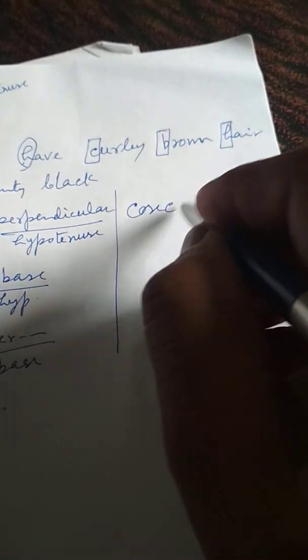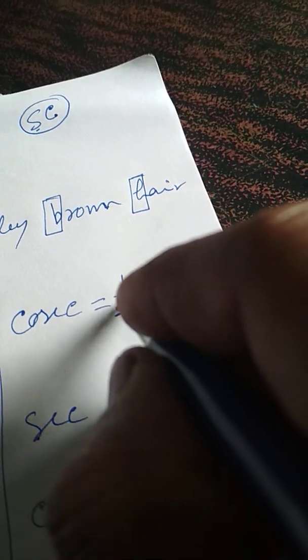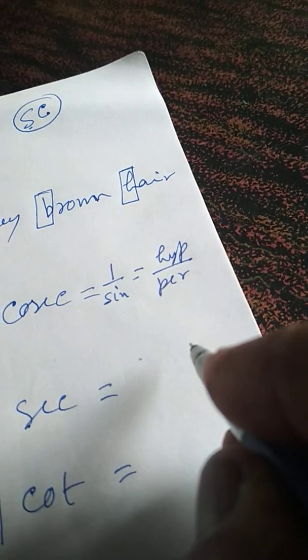Other three ratios are cosec, sec, cot. We have to remember this SC. SC. Sin has cosec, cos has sec, and tan has cot. Why this? Cosec is just reciprocal of sine, that is hypotenuse by perpendicular.